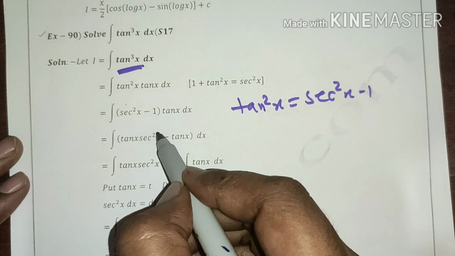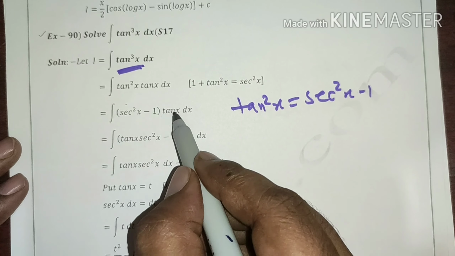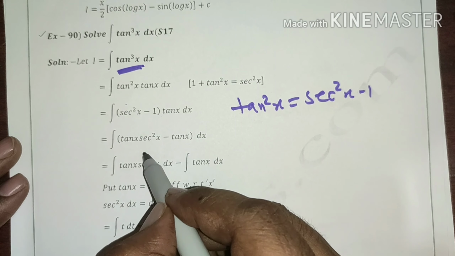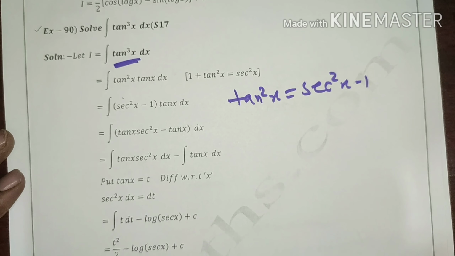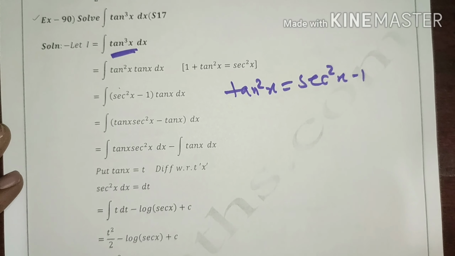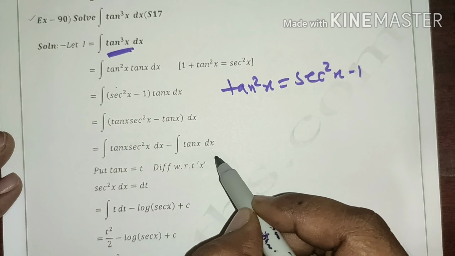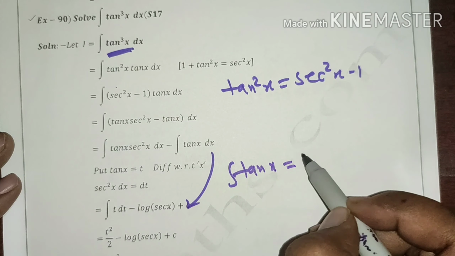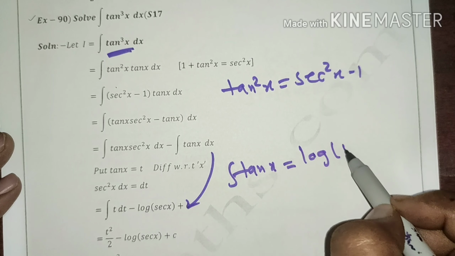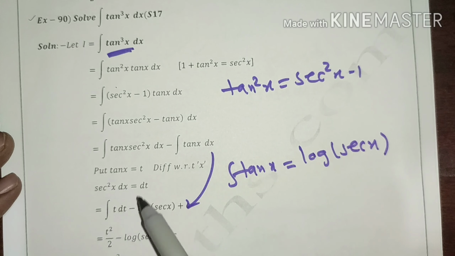So we write sec square x minus 1, and multiply tan x inside the bracket: tan x into sec square x, and tan x into 1, as separate integrations. We know that integration of tan x is log of sec x.